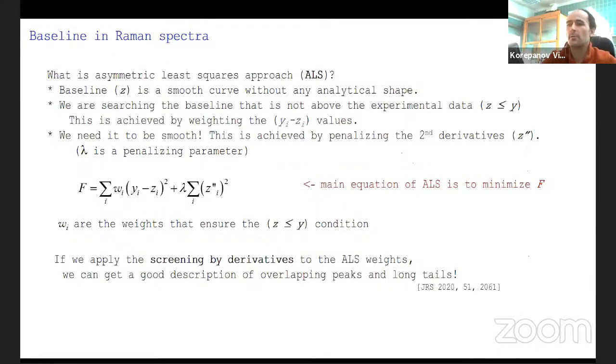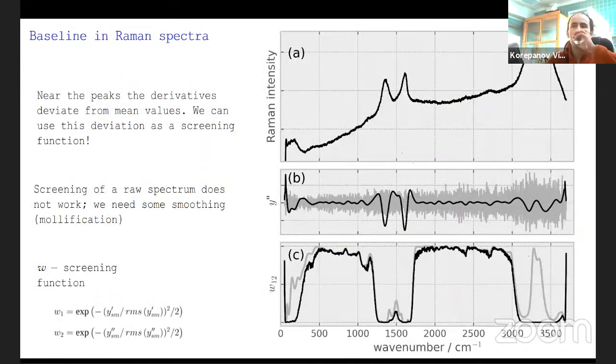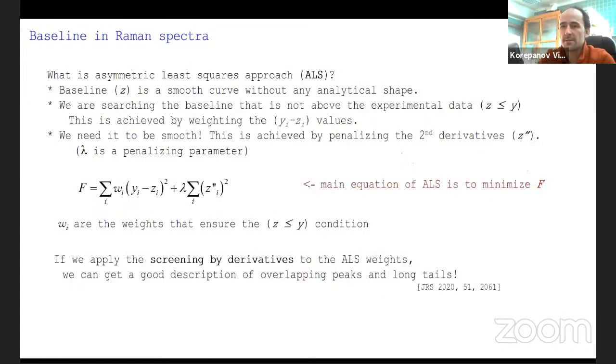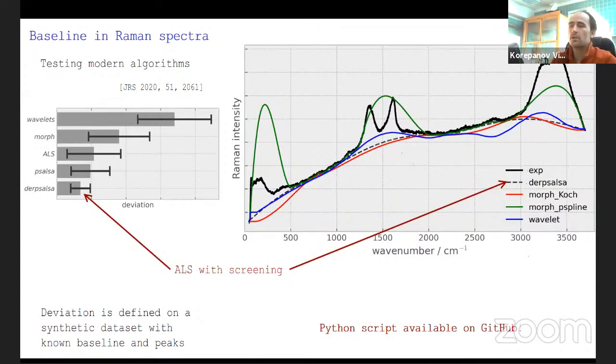So coming back to the weighting and the peak detection, if we apply this kind of screening to the weights in these algorithms, we can get good descriptions of overlapping peaks and long tails. How does it work in practice? In this picture on the right, the black dashed curve is the algorithm which I just described.